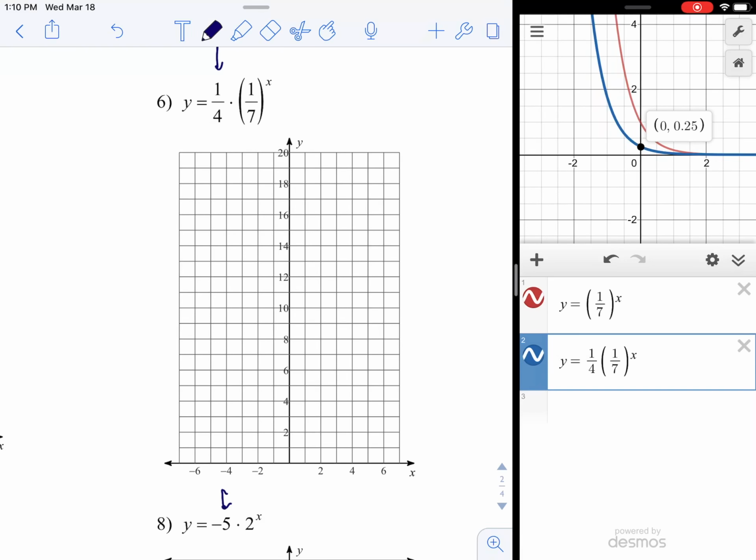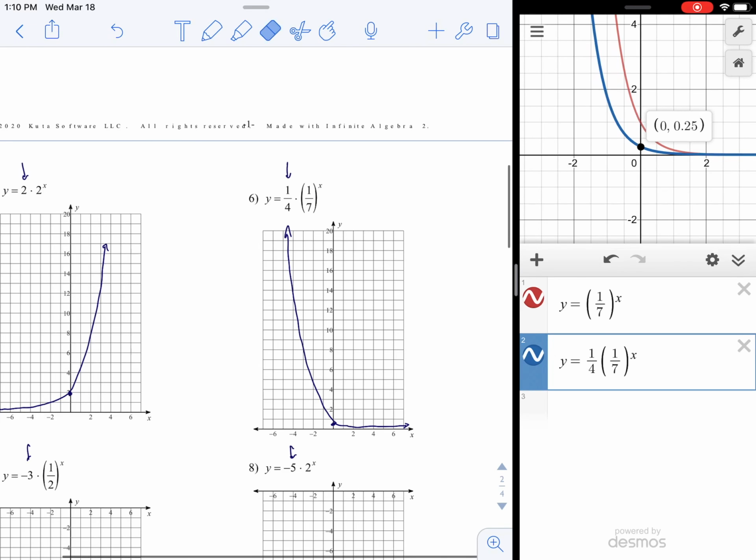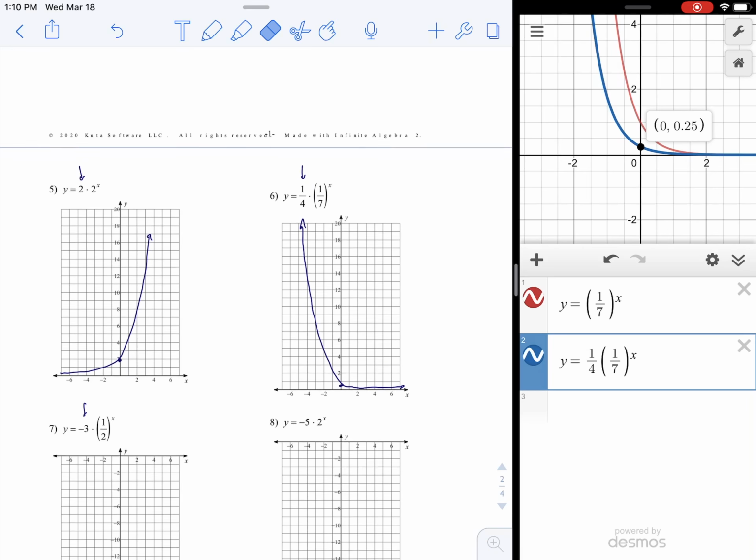These are both decay graphs, but now the y-intercept is at 0.25. So you just kind of estimate right around there. The asymptote is the same. It gets closer and closer to 0. It is a decay function, so it looks kind of like that. Again, just ballparking. I could go back and find very specific points if I want to try to get really, really technically correct, but we're not going to worry about that today.